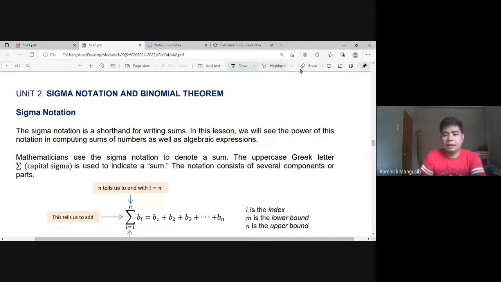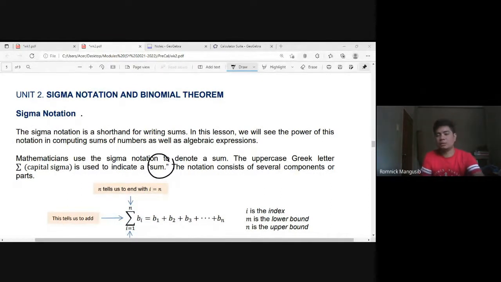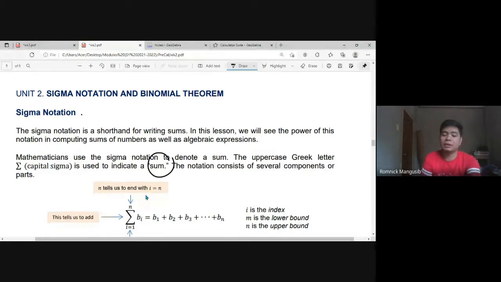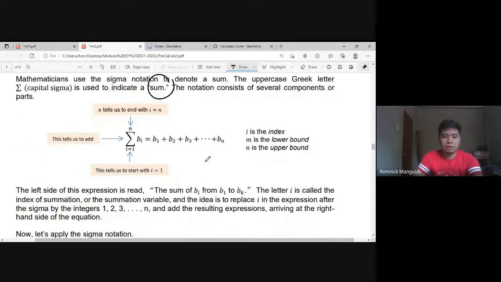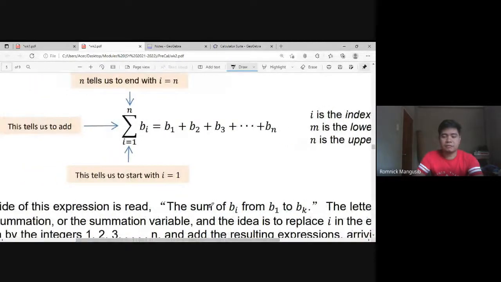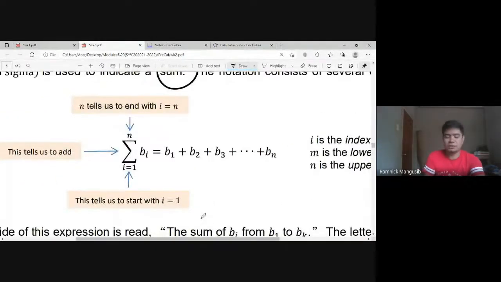Sigma is all about sum. You have to add, sabi niya. It is all about the total. So whenever you see this notation, it indicates get the total. And when you're getting a total, you are referring to a sequence. There is a sequence of what you're going to add. Kaya nakikita nyo dito, the summation of b sub I from I equals 1 up to n, is in order, is in sequence, up to whatever is that n.